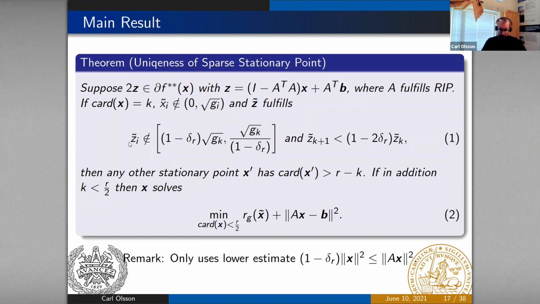So then if the elements or the singular values of z are not in this interval, so this is now the threshold gk, square root of gk, I have to be a bit above gk or a bit below gk for all of them. And there has to be a gap. So k here is the last element where I have non-zero x. So the next one here, there has to be a little bit of a gap. So the noise has to, in some sense, be distinguishable from the signal.